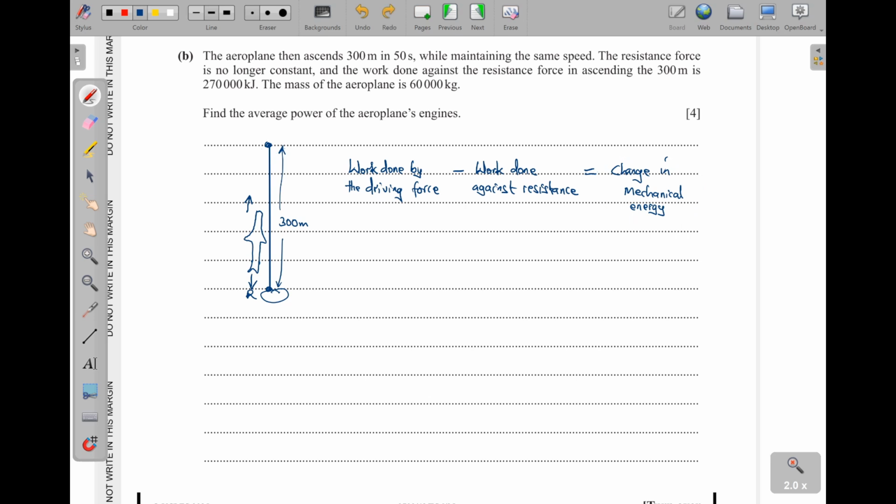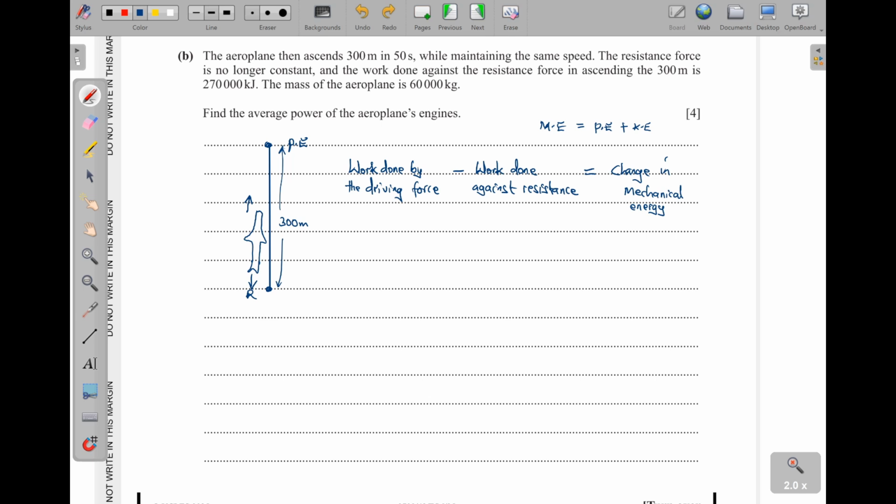However, since we are having this vertical height generated, then here I will be having the potential energy. So meaning the change in mechanical energy is that potential energy. And you know that mechanical energy is equal to the gravitational potential energy plus the kinetic energy. So for this case, the change in mechanical energy is going to be due to the change in potential energy.